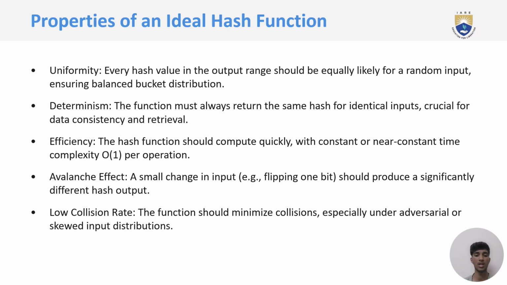Third is efficiency, meaning the hash function should compute quickly. Another important property is the avalanche effect, where a small change in input produces a completely different hash value. Finally, the function should have a low collision rate, ensuring efficient performance of the hash table.